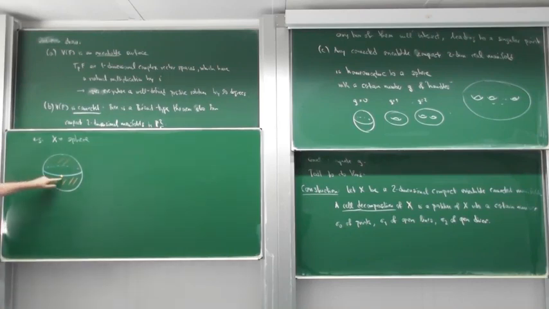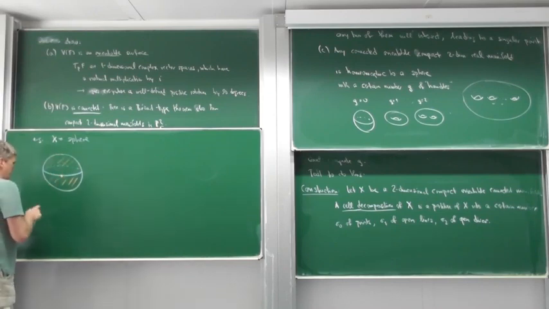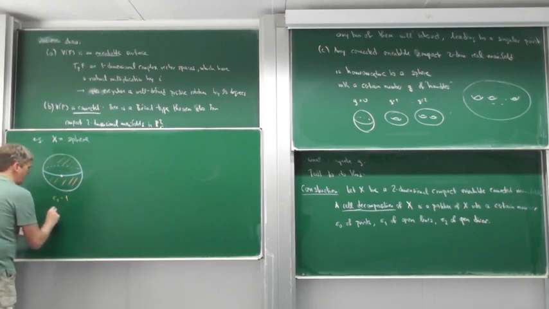So in that case, sigma 0 would be 1. We have 1 point, we have 1 open line, and we have 2 disks. So draw that maybe in these colors. So sigma 0 will be 1. There's 1 point. There's 1 open line. And there's 2 disks.